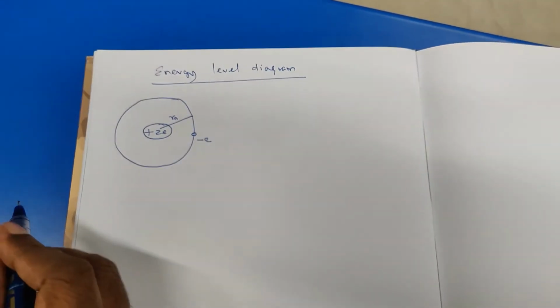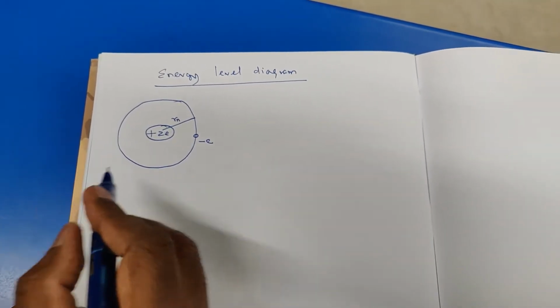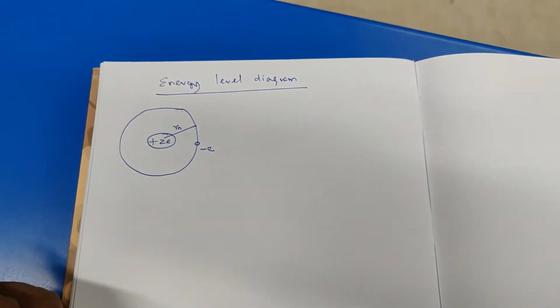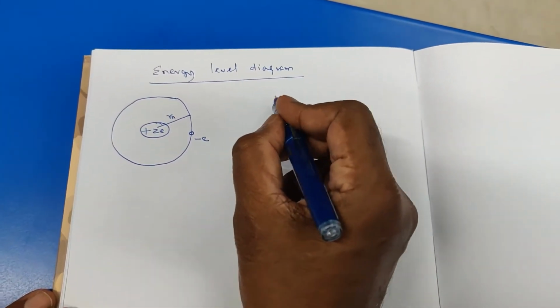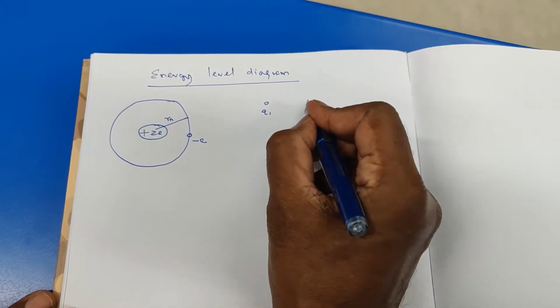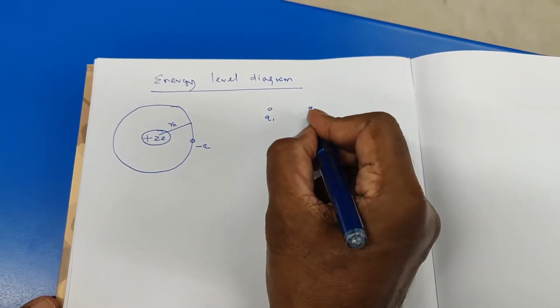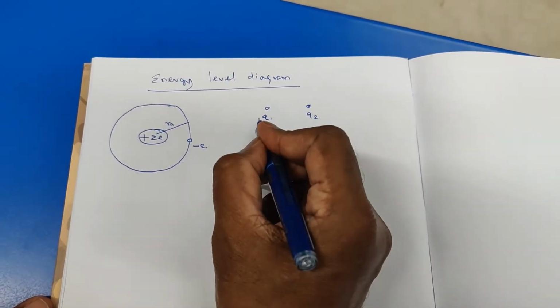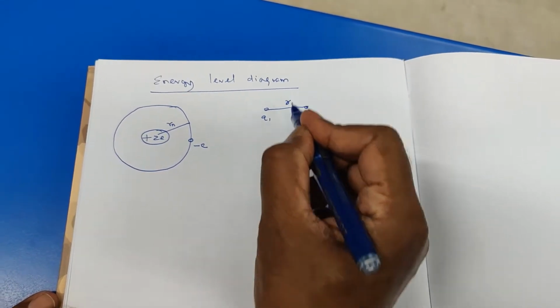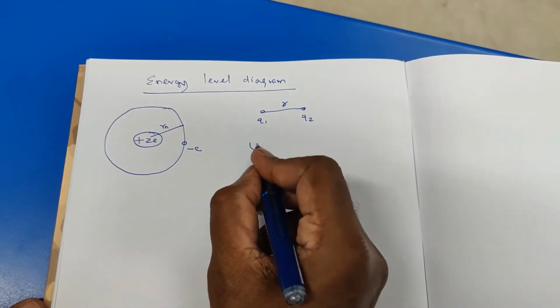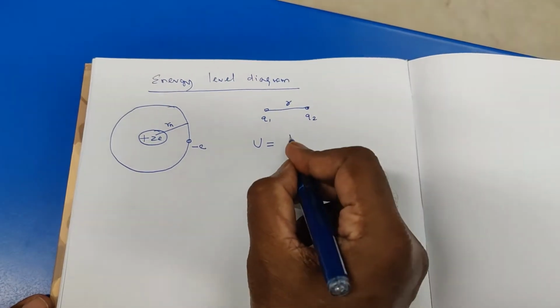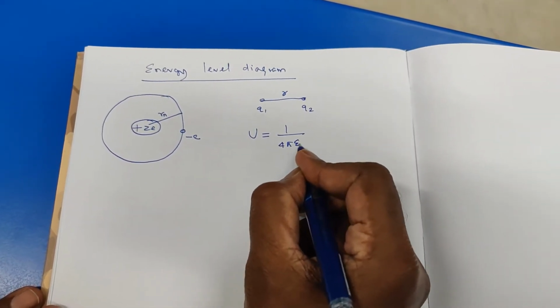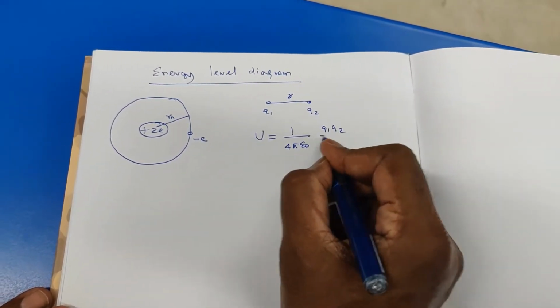Electron has got potential energy and also it has got kinetic energy. You recall this concept you studied in electrostatics. There are two charges Q1, Q2 separated by a distance r. It has got potential energy, U, given by 1 by 4 pi epsilon naught Q1 Q2 by r.